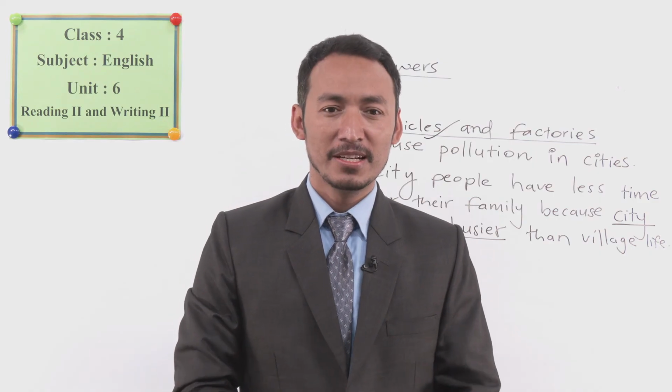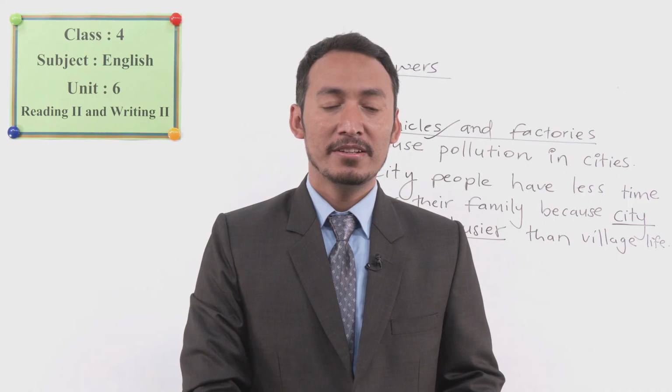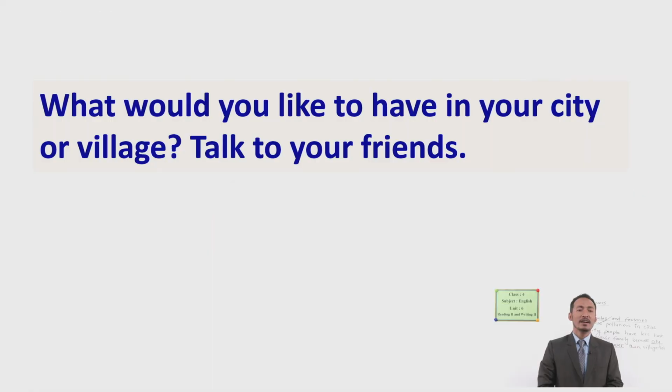Okay, very good. Now let's move to another exercise, another question for talking about what would you like to have in your city or village. Talk to your friends. This is the exercise for you to talk. So what would you expect? What would you want to have in your city or village?